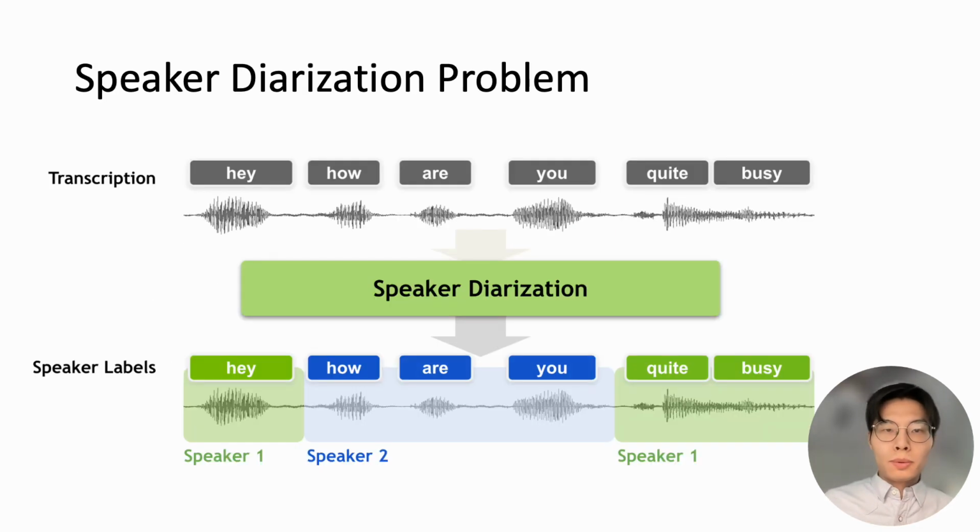We call this the speaker diarization problem, as it can distinguish the speech from different speakers, which can be used for many speech processing applications. In this example, we identify the speech signals of different speakers, which can be useful for applications like automatic caption generation.